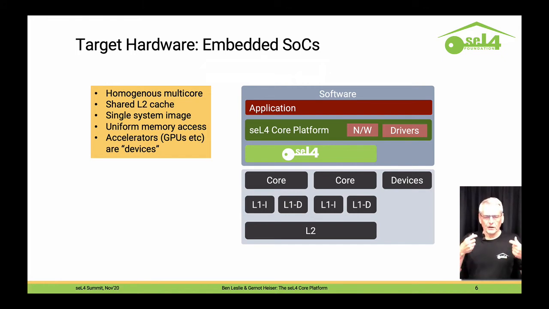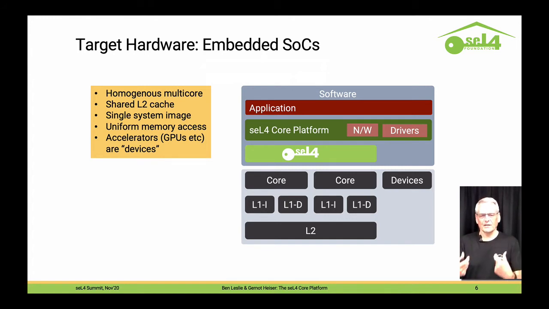As far as the general purpose cores that run the operating system kernel, the assumption is that they are homogeneous. We can argue whether the ARM big.LITTLE architecture is homogeneous enough.